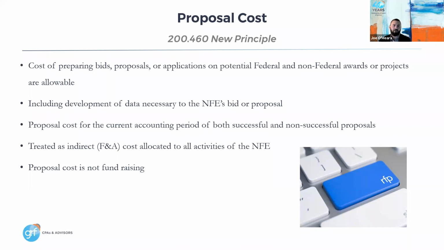Proposal costs are for restricted project funding, whereas fundraising costs are really more your unrestricted fundraising costs, getting contributions from individual donors and so forth. So fundraising costs are not allowable, but proposal costs are allowable in the indirect cost pool.